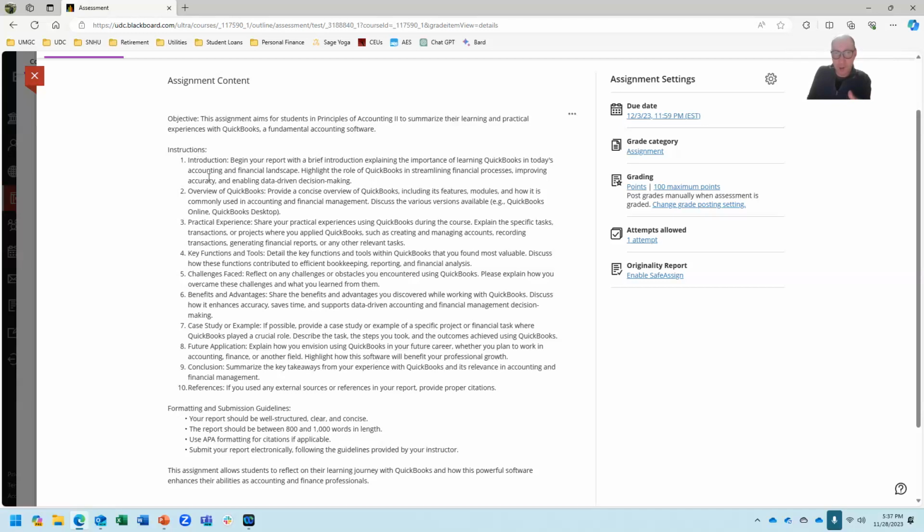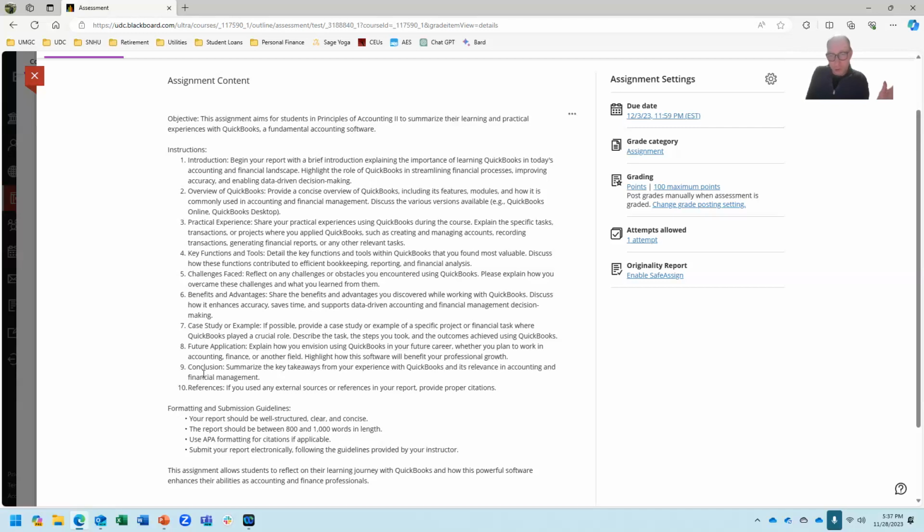I want you to construct a report about QuickBooks. I want you to include these 10 sections in your report: introduction, overview, practical experience, key functions and tools, challenges, benefits and advantages, a case study or example, future application, and conclusion.